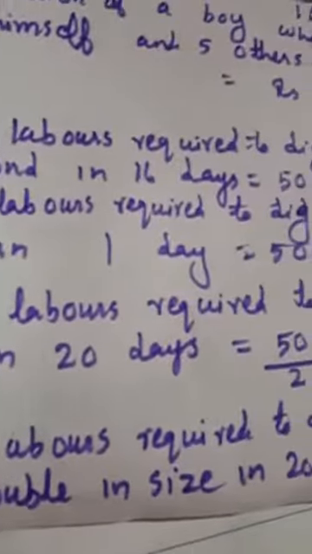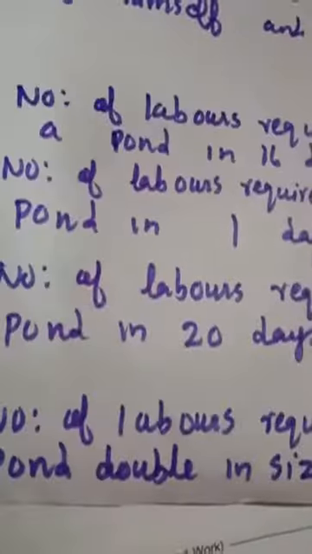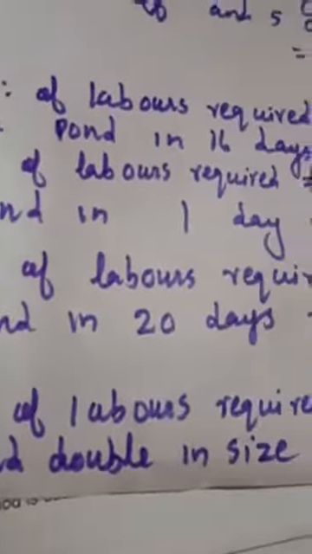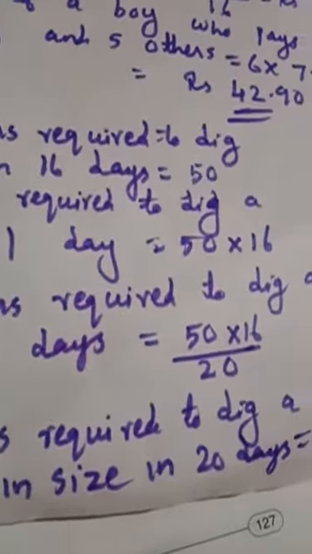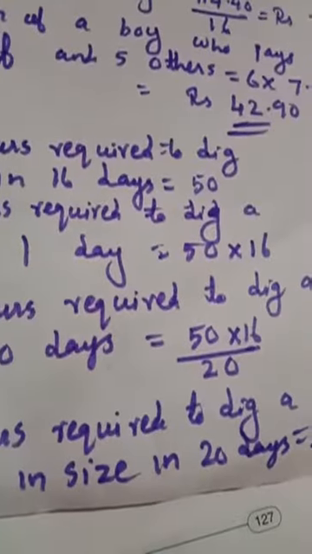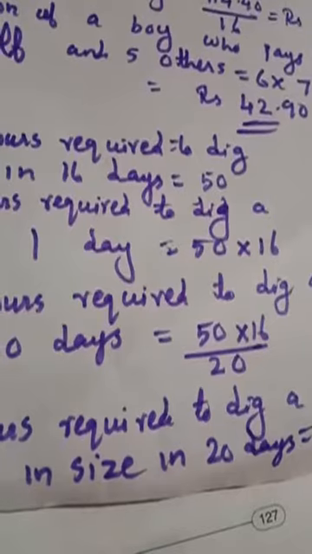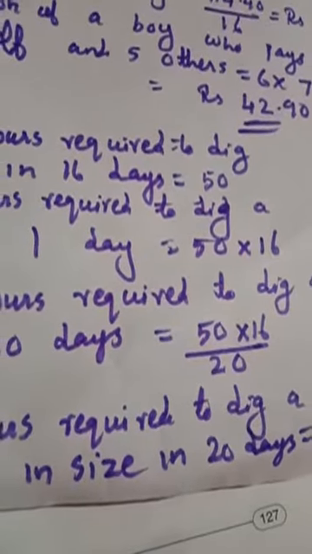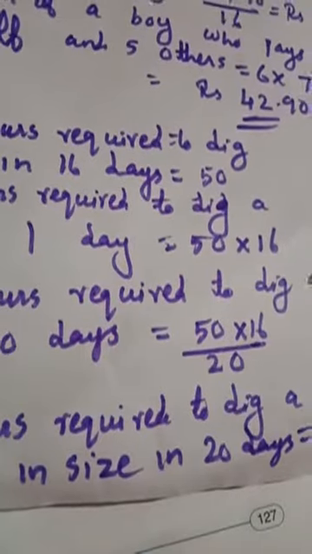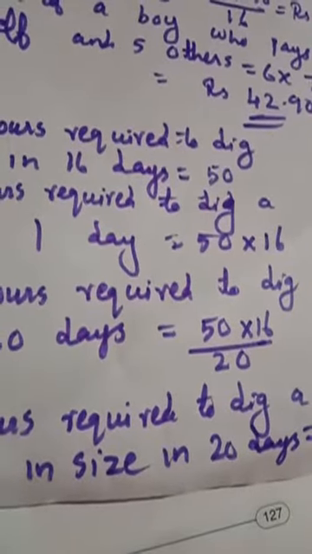Okay, so the number of laborers required to dig a pond in 20 days. Now we want to find in 20 days; 1 day we got, 50 into 16. Now the number of laborers required to dig a pond in 20 days is equal to 50 into 16 by 20. By 20, not into 20, by 20. Now division, for 20 days. How to find 20 days' workers?